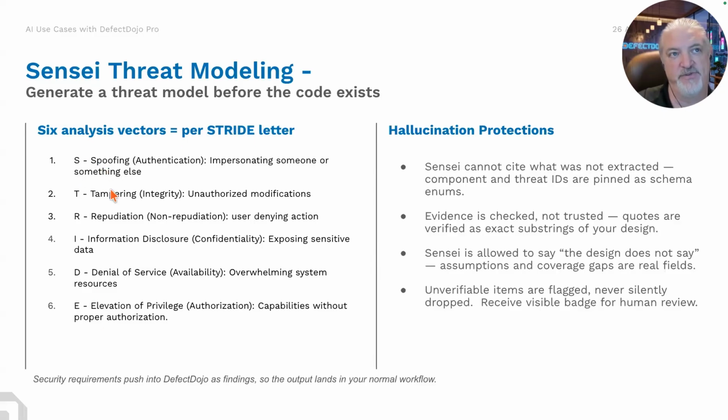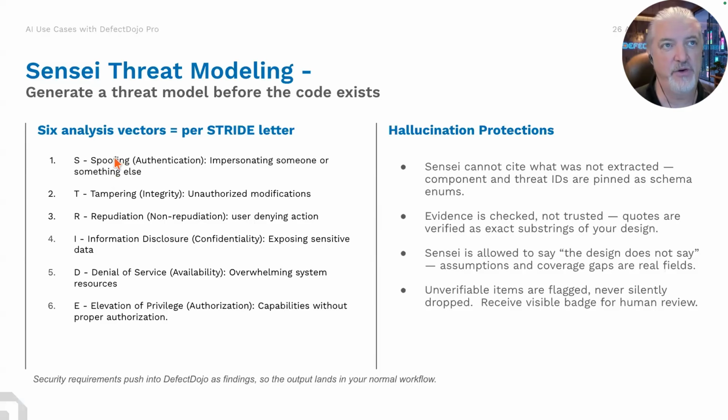So you've got your spoofing, tampering, repudiation, which is basically, if a person denies that they changed that setting, do you have audit logs that show every action that a user takes? Information disclosure, where maybe something sensitive could potentially be exposed. Denial of service, where maybe somebody just starts asking you to build 1,000 reports all at once. And elevation of privilege, those kinds of things.